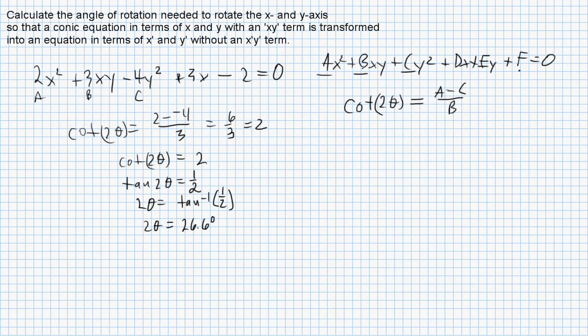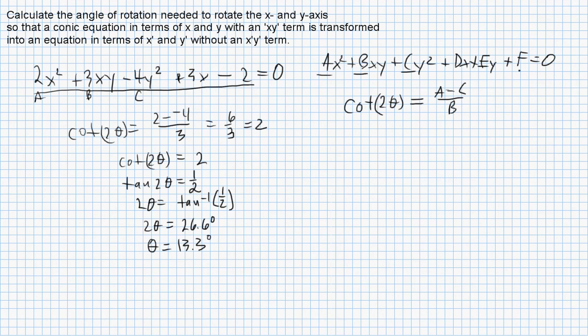Divide both sides by 2. 26.6 divided by 2, and that's going to give us 13.3 degrees. So theta, our rotation angle required to perform the rotation of this, is going to be 13.3 degrees.